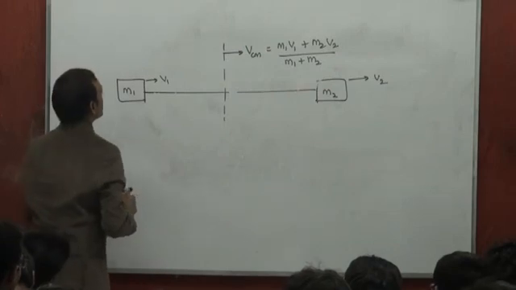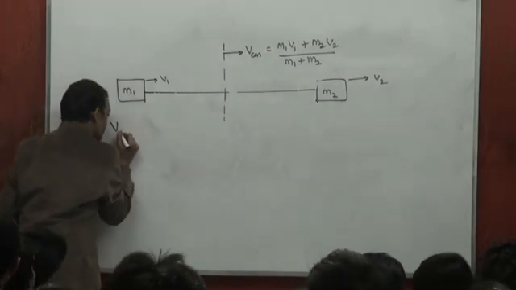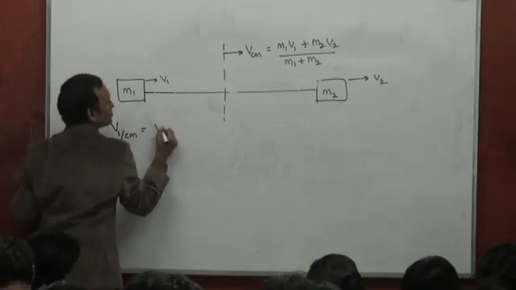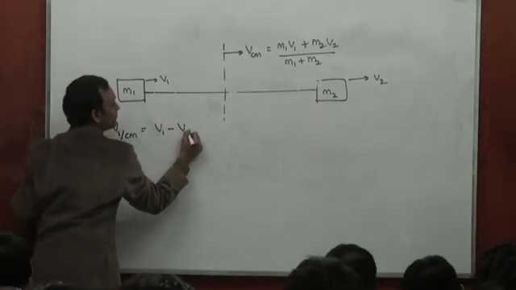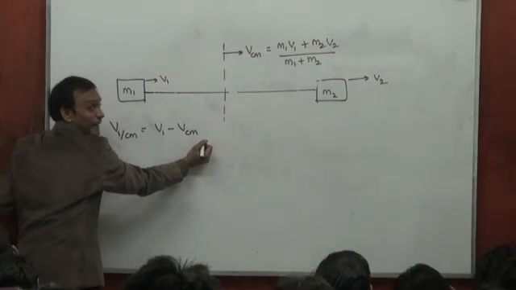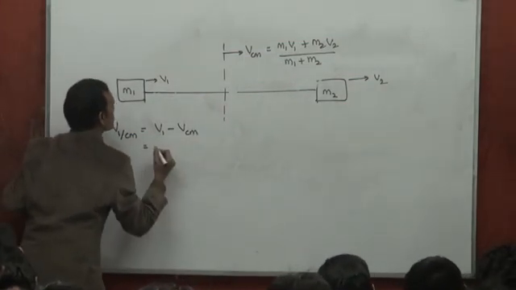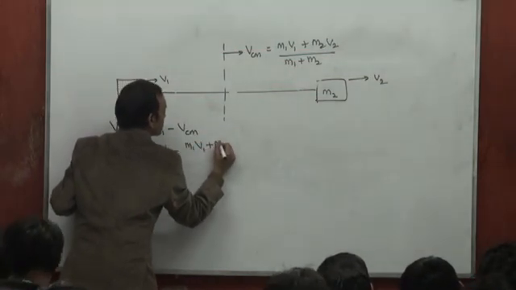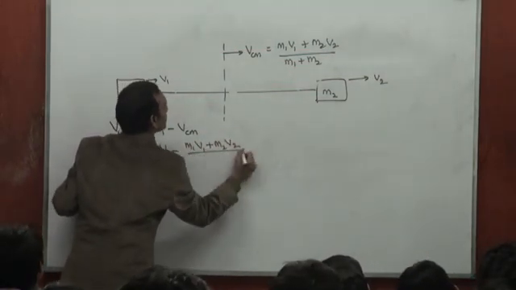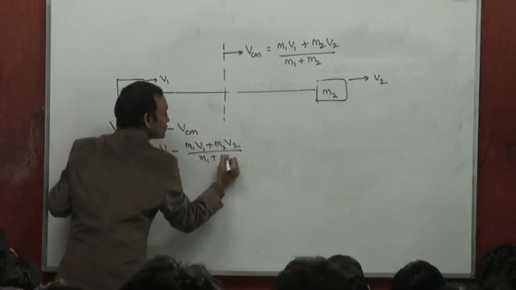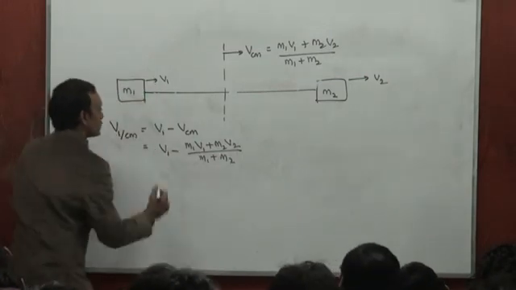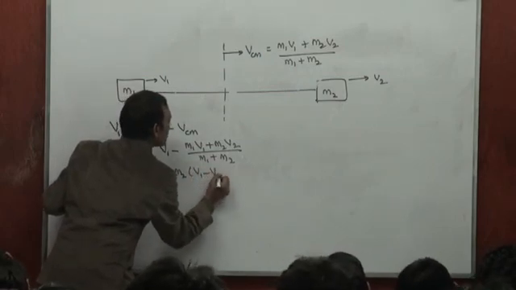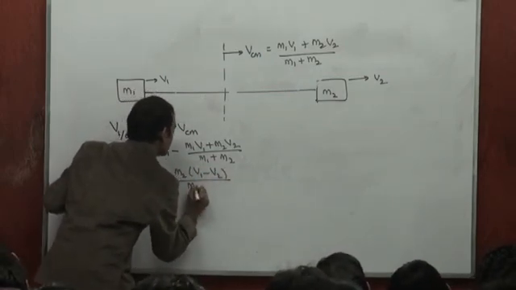Now, evidently, like you can see, the velocity of 1 in the center of mass frame is going to be v1 minus vcm. That is to say v1 minus m1 v1 plus m2 v2 by m1 plus m2, which is like m2 into v1 minus v2 by m1 plus m2.